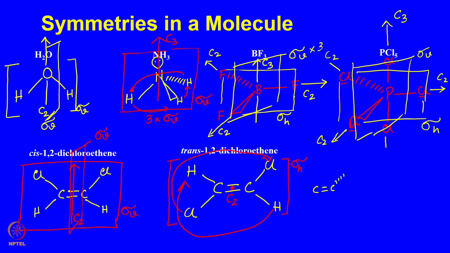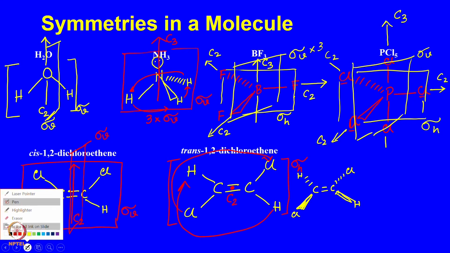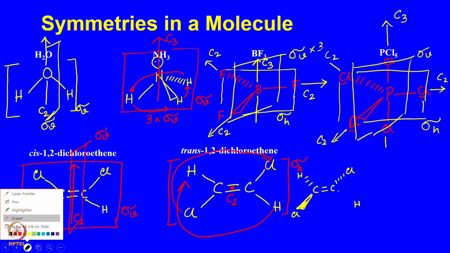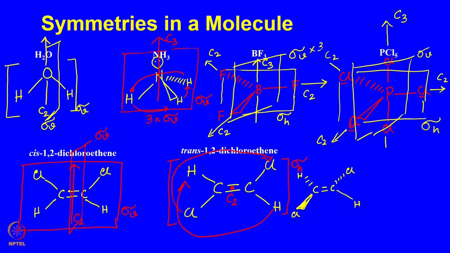You see I am drawing it in a projection formula, which indicates that the bonds which are thick are above the plane, the bonds which are dashed are below the plane. Let us draw it properly.